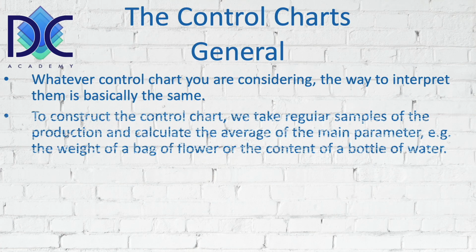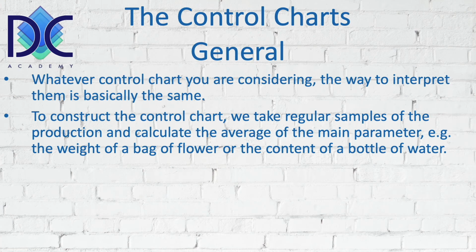When we want to create a control chart, we have to take regular samples of the production, and we have to calculate the main parameter. Let's say we are in a production where we are filling bags with flour, 1 kilogram bags, and we want to be sure that the bags are filled properly.